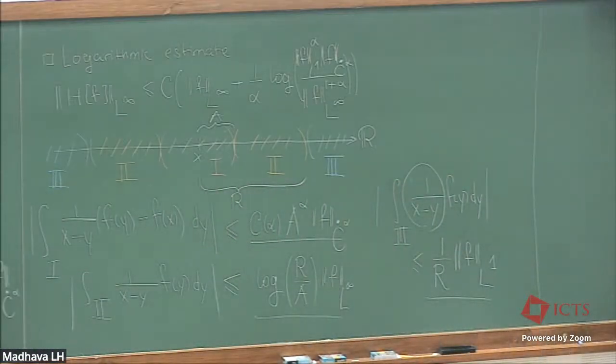So the point is that with these key estimates, the C^alpha boundedness and the logarithmic estimate, in principle, we can complete the proof of this result. Yes. So it needs to be actually explained better.